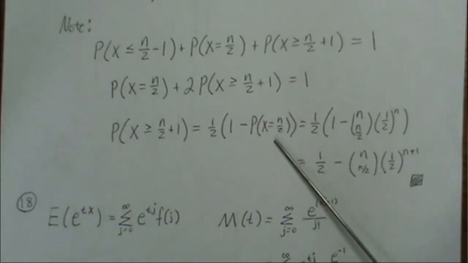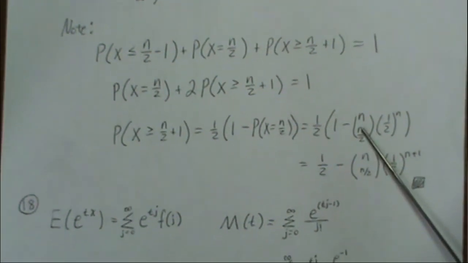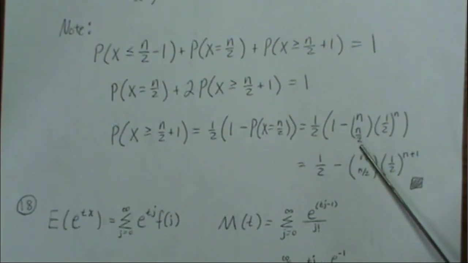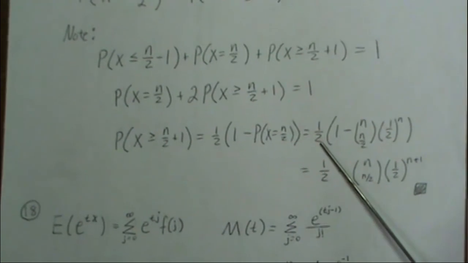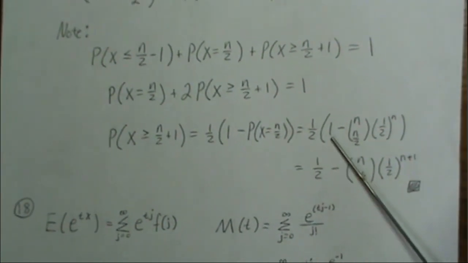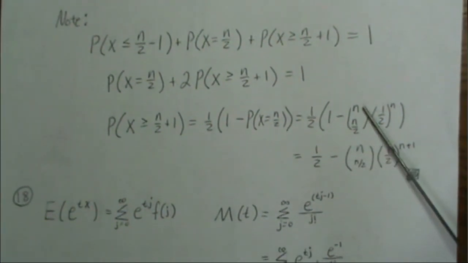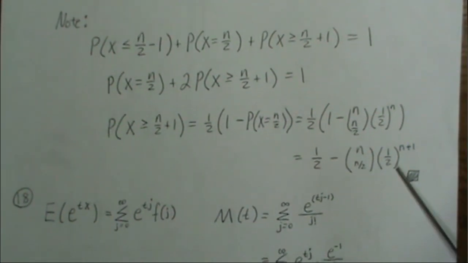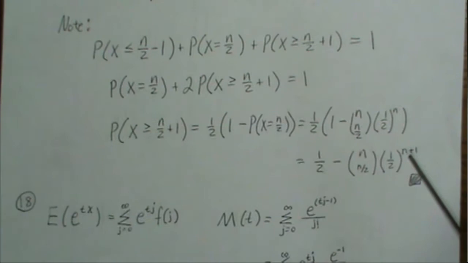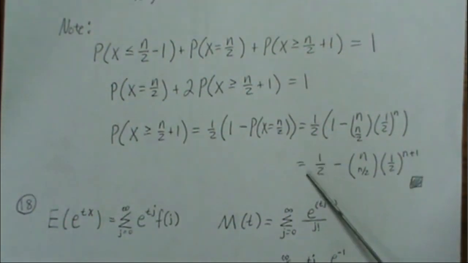The probability that X is equal to n/2 is n choose n/2 times 1/2 to the n. If you multiply the 1/2 in, 1/2 times 1 is this, and then n choose n/2 comes down, but then we add a 1/2 to this, so we get n plus 1. So that's the answer.